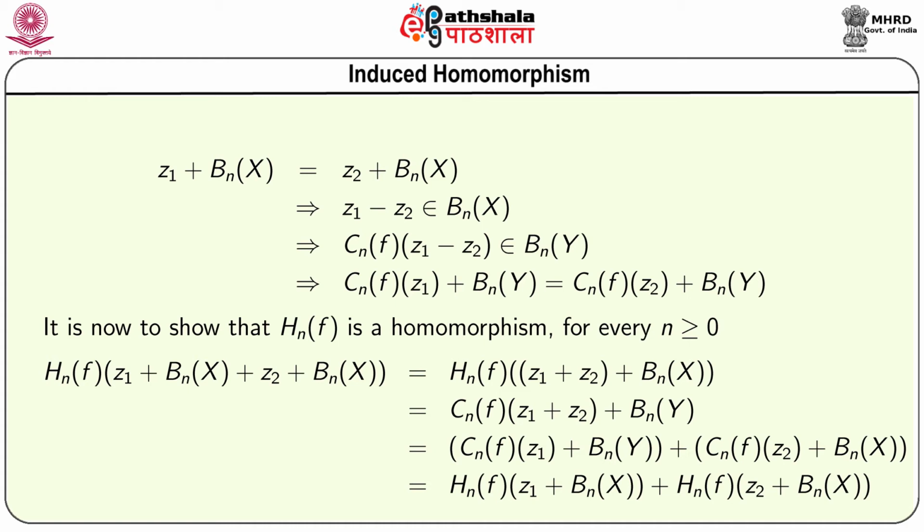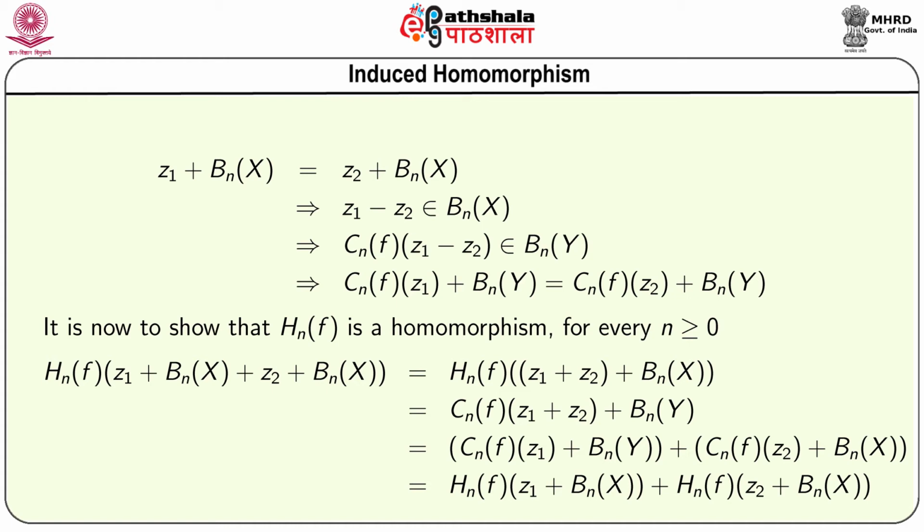So, that gives z1 minus z2 is a boundary in x. So, Cn(f) will carry z1 minus z2 inside Bn(y). Now, Cn(f)(z1) plus Bn(y) is then equal to Cn(f)(z2) plus Bn(y). This proves that the function is well defined.